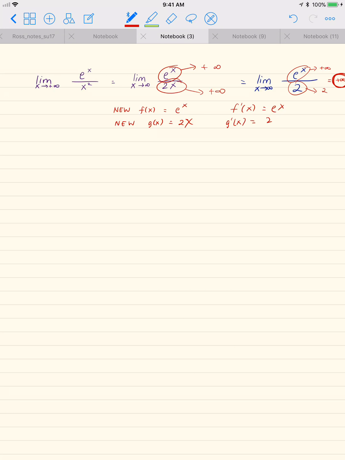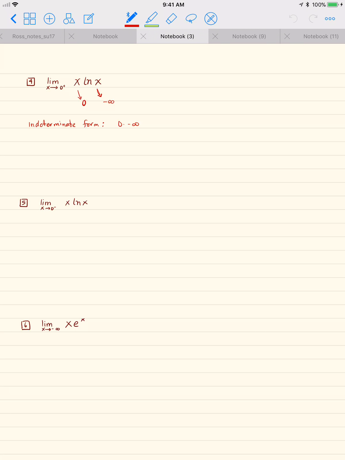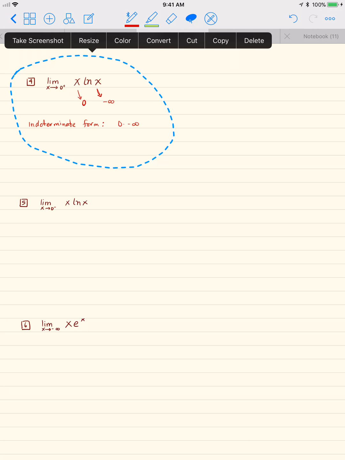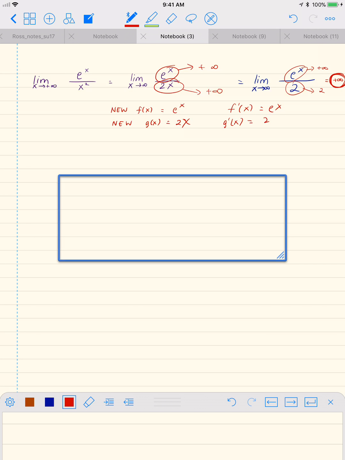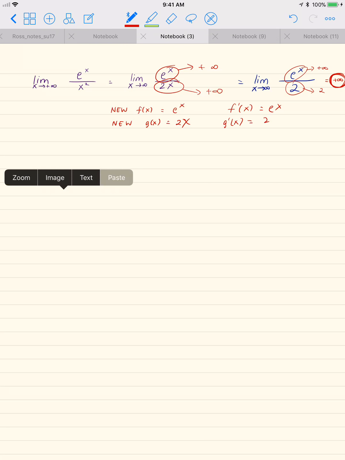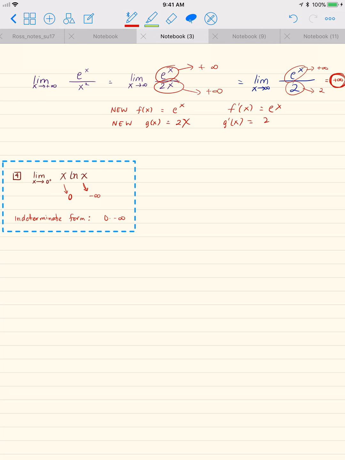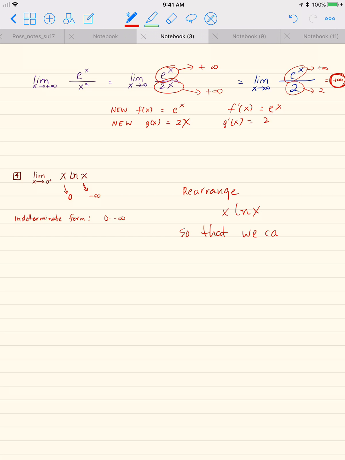What do we do? Let me actually just copy this. What we need to do is rearrange our limit so that we can apply L'Hopital's rule. So here's our number 4. We need to rearrange x natural log of x so that we can apply L'Hopital's rule.